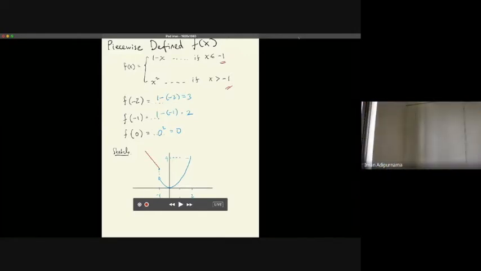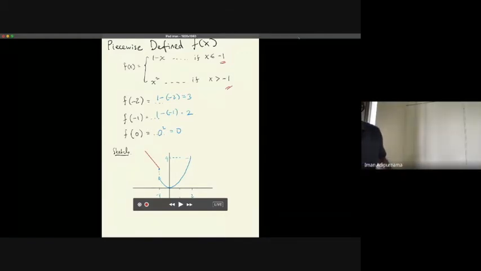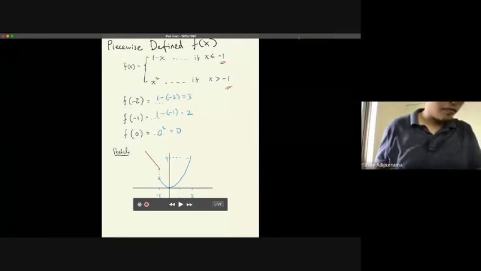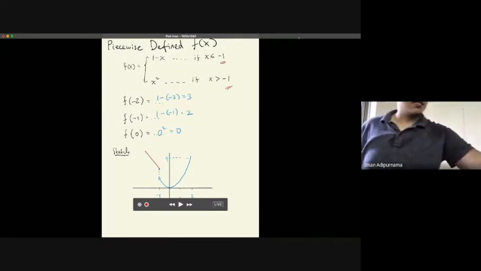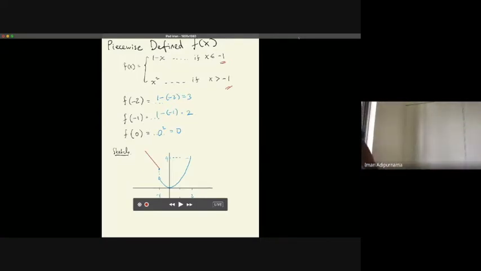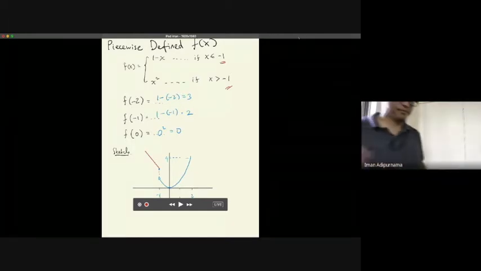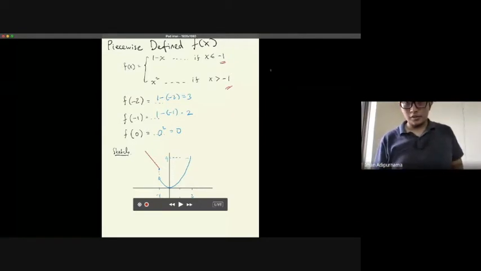Wait, I will show you. Okay, I will show you the QR code.